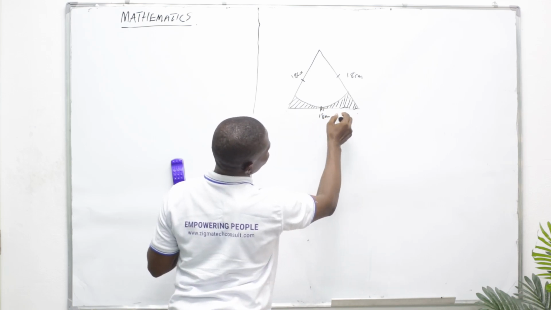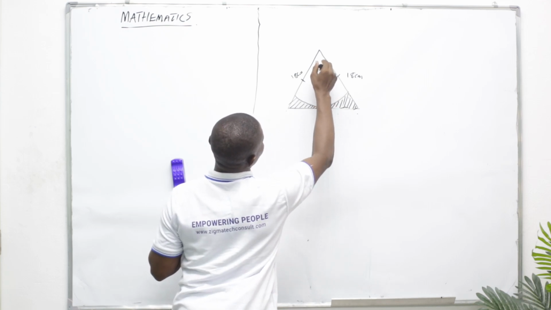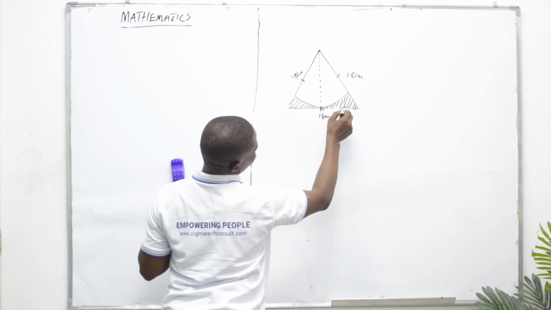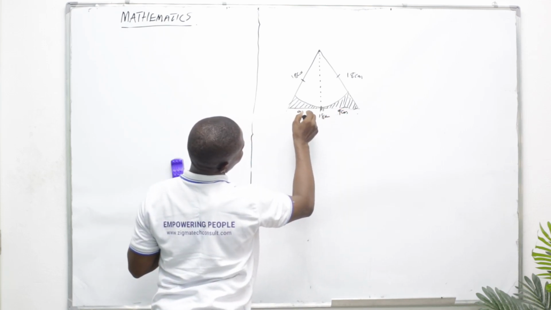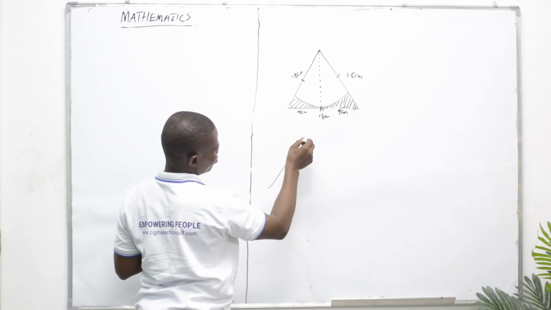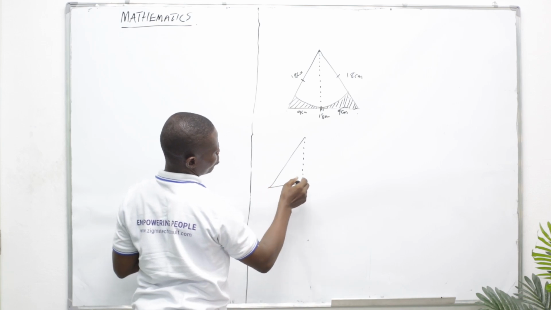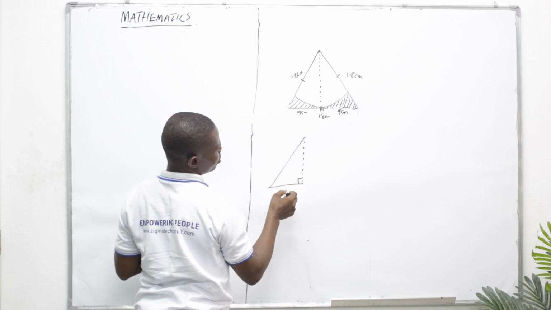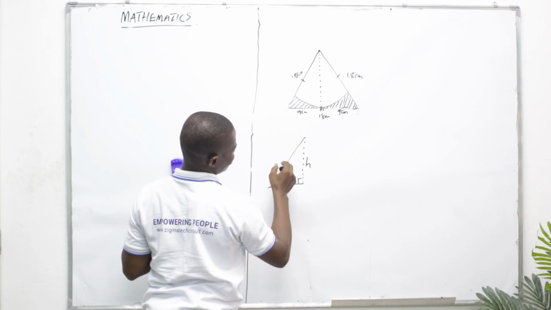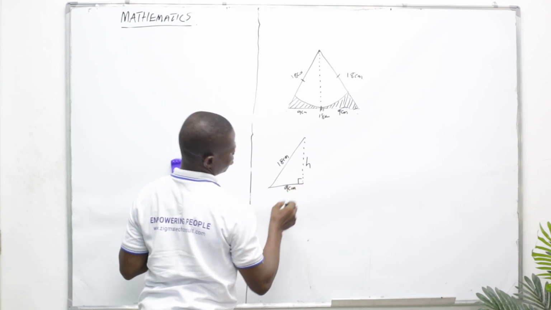If you divide it into 2, you have 9 cm, 9 cm. And when you have this, this is 90 degrees. Call it height. Then this is 18 cm. This is 9 cm.